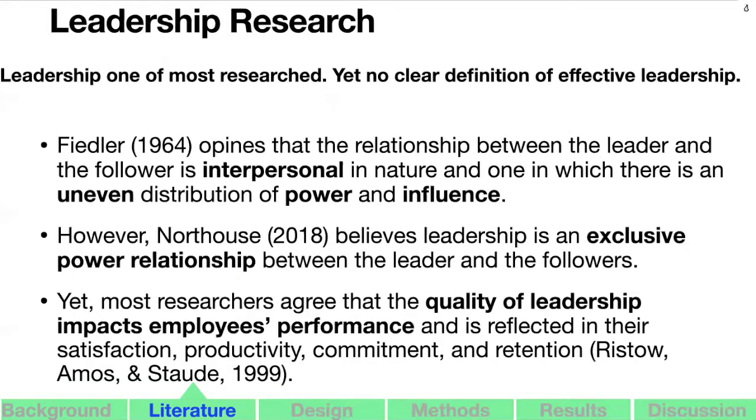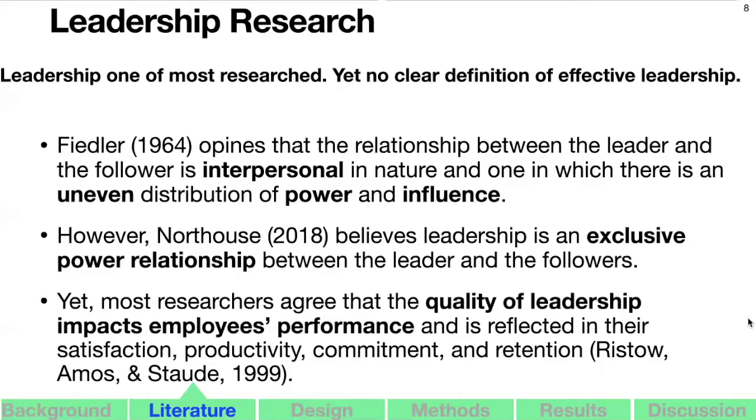So, moving on to a brief review of the literature, although leadership has been widely studied, there are some conflicting ideas about what leadership is. For instance, Fiedler considered leadership to be an uneven distribution of power and influence between leaders and their subordinates.